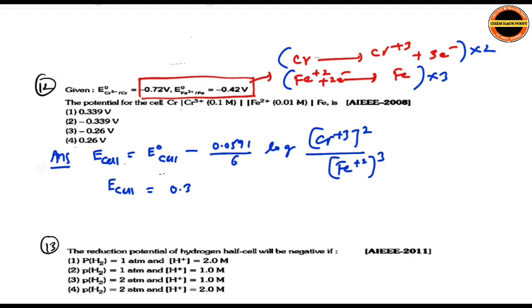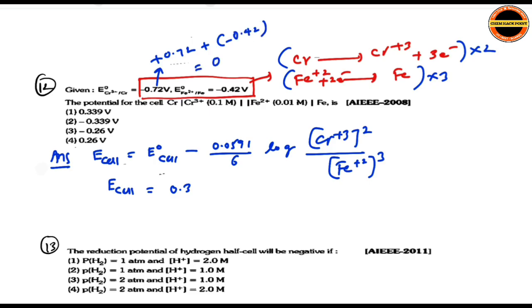In the cell representation they gave Cr plus 3, Fe plus 2, Fe reaction. Here they gave Fe plus 2 to Fe as minus 0.42, and chromium plus 3 to chromium value is given, but here what we need is chromium to chromium plus 3. So we make this into plus 0.72. Plus 0.72 plus the given value minus 0.42 gives 0.3 for the net equation.